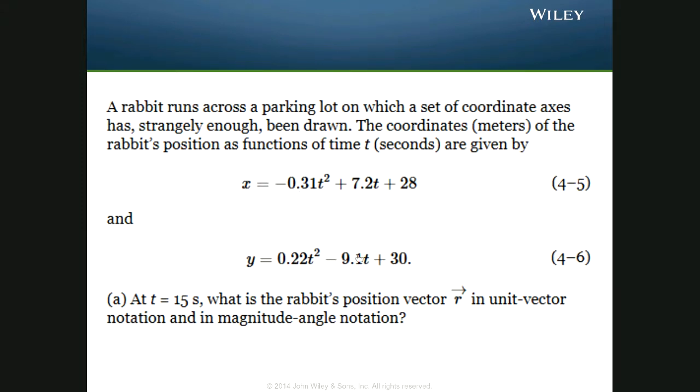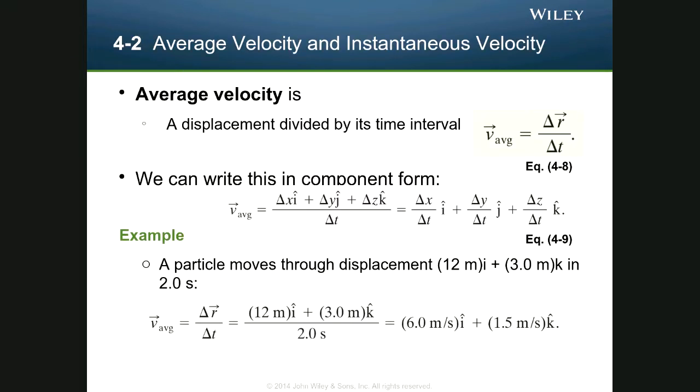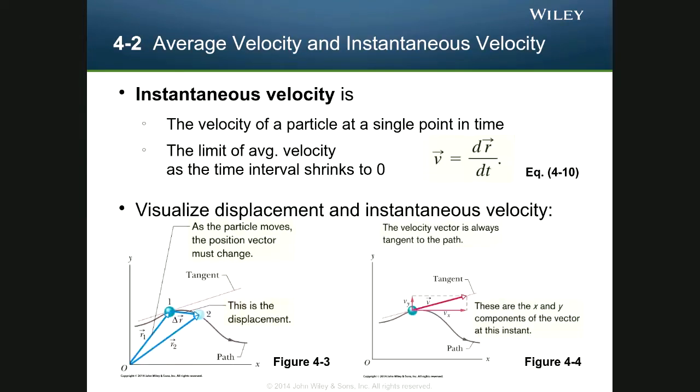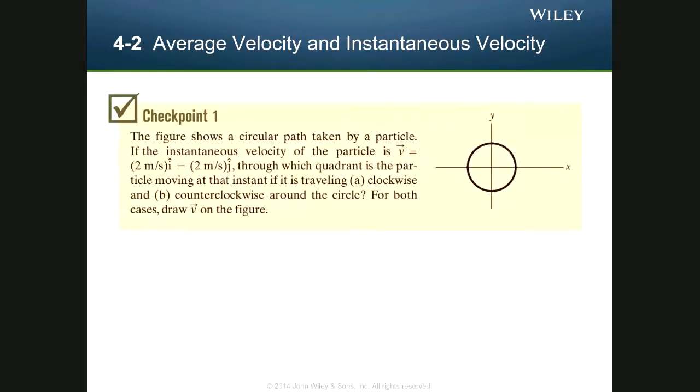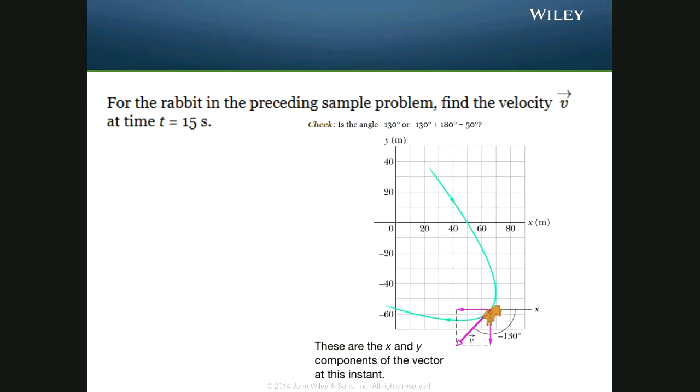Once we have those derivatives, we have our new equations, which were in the previous slide. Then we plug our time, 15 seconds, into both of those. We get a new vector, and that gives us our velocity vector.